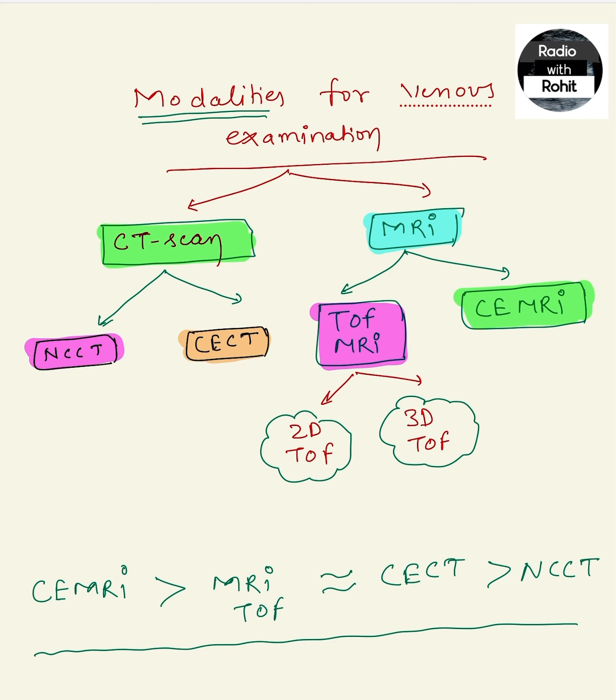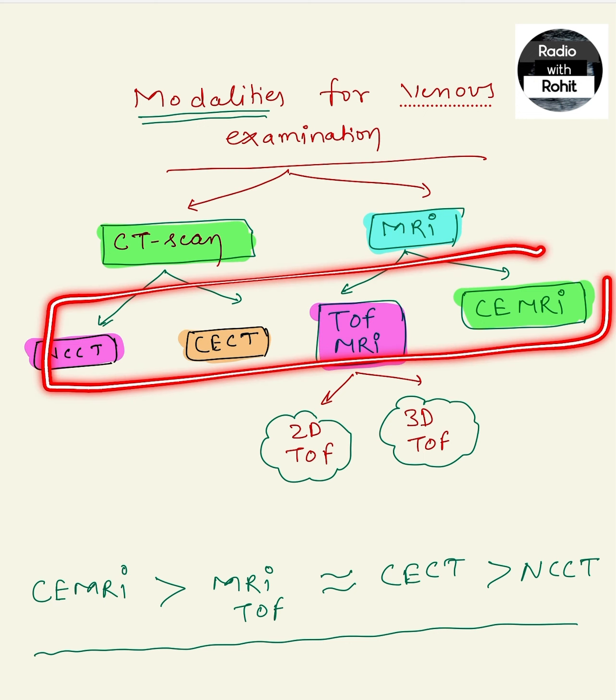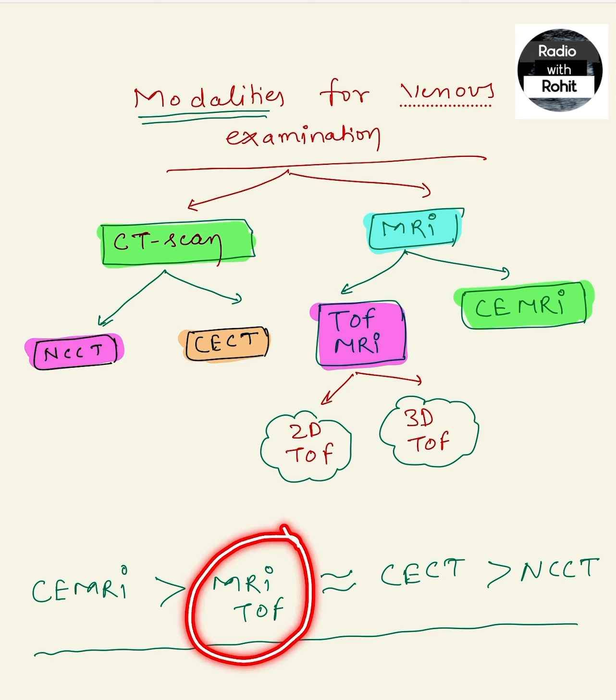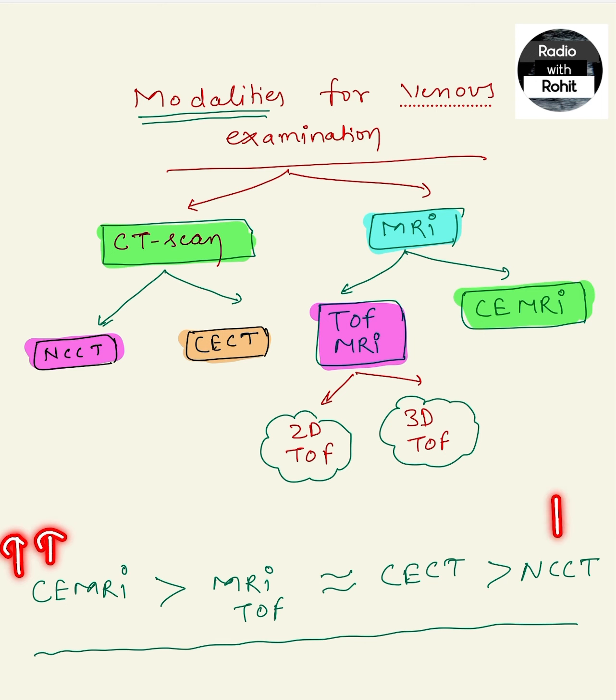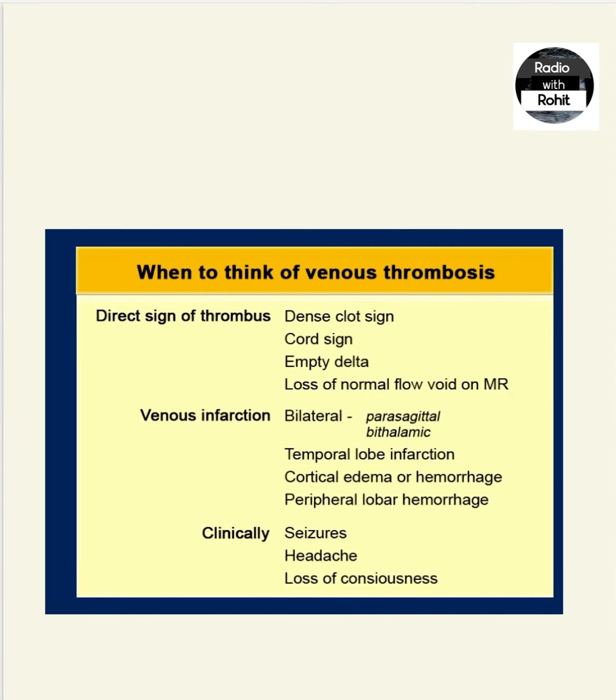So the best modality among all four is contrast enhanced MRI. Then second is MRI TOF, then CECT, and at the last we have the non-contrast CT. This is the sequence, from the more specific to the low specificity for the thrombus.